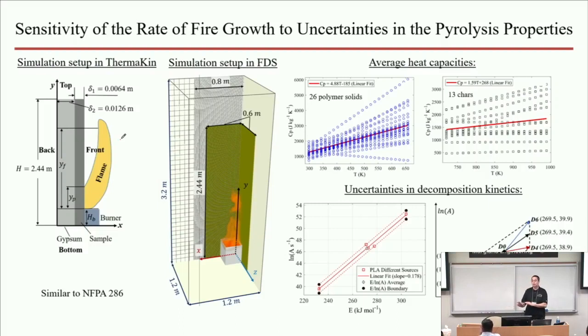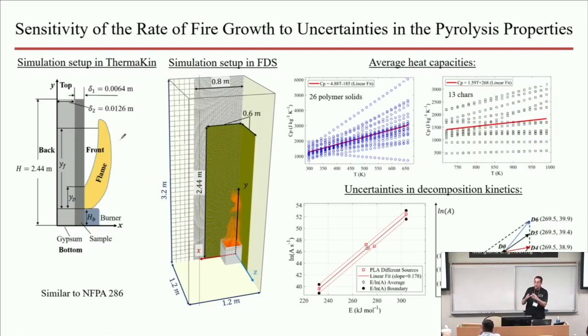I just want to point out that it's there, okay? So the implication is that when you're looking at the impact of A and E uncertainties on the results, you really want to make sure that you move along that strip and not outside of it, because the rest doesn't really represent reality.